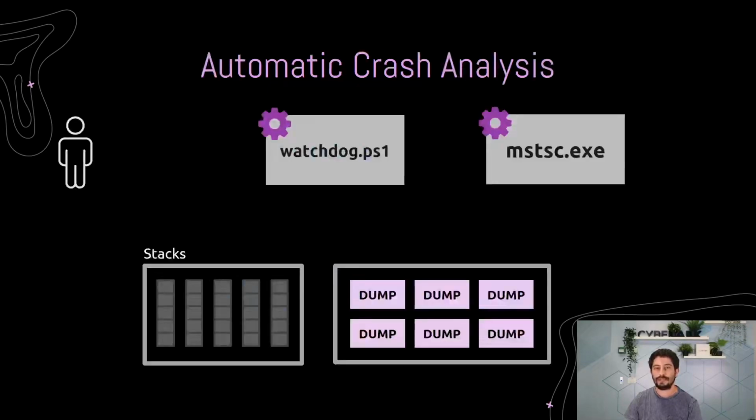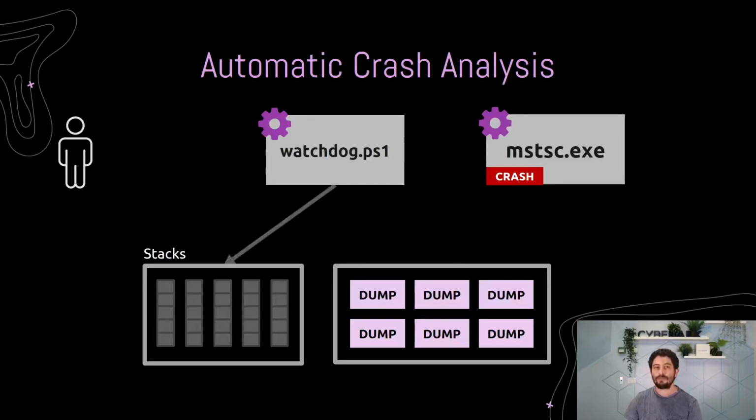And this is what we came up with. It's a bit much, but don't worry. So basically, we had this watchdog, and it would wait until a crash was detected. And whenever a crash was detected, it would generate a dump file. Now, we would analyze this dump file with a WinDbg script, and we would extract the call stack that caused the crash.